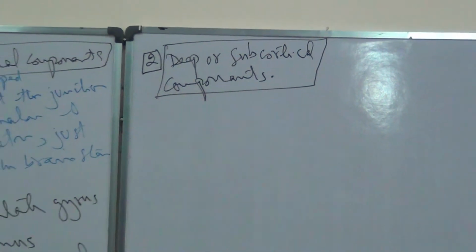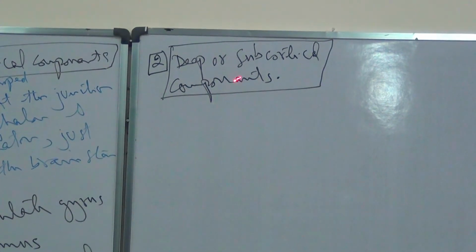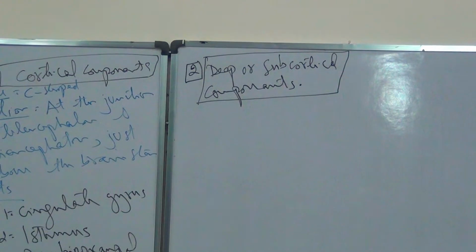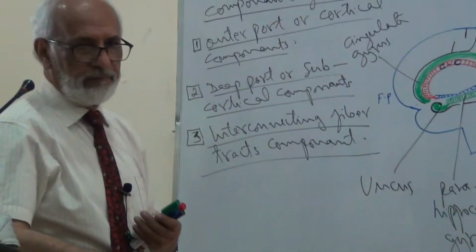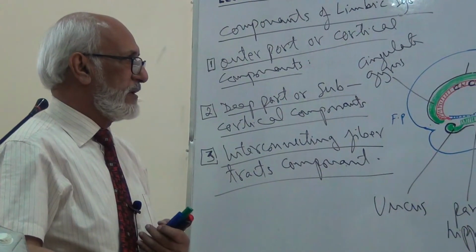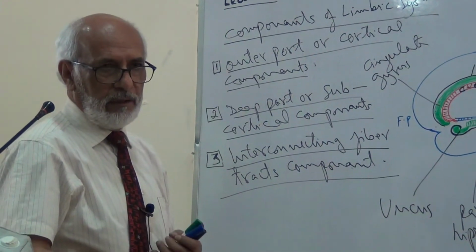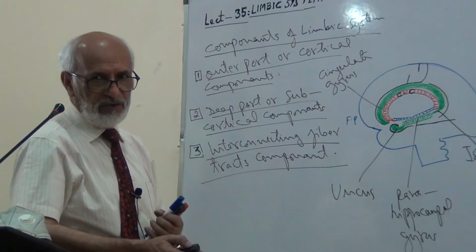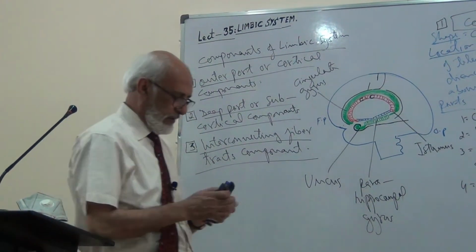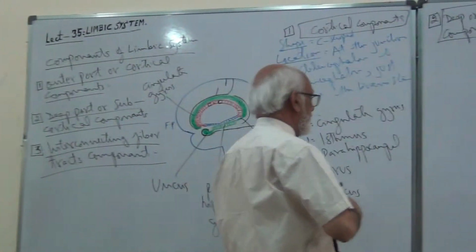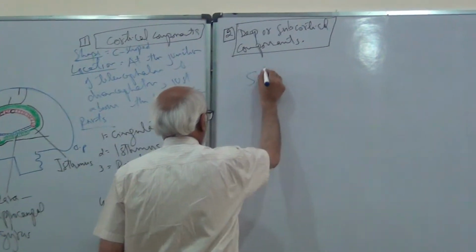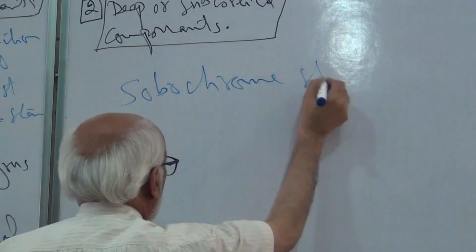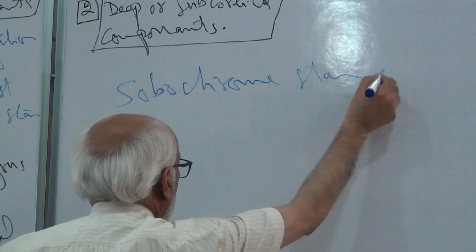Now these components are deeply located. Most of these components we cannot see. We will be able to see these only when the brain specimen is stained by various stains, for example, sobochrome stain, etc.